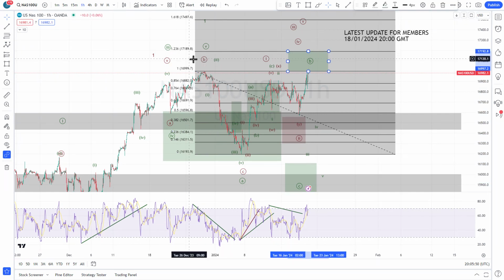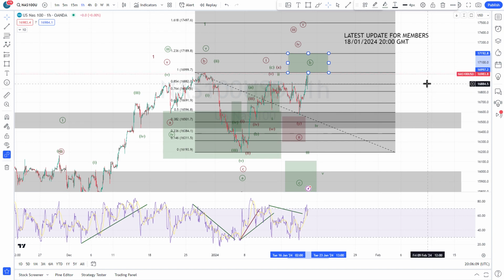We cannot go beyond the 1.236 FIB extension, because then it's no longer plausible to count this as an expanded flat. If we go beyond this level, then we are in another scenario.